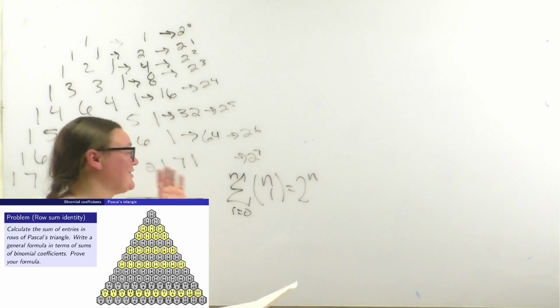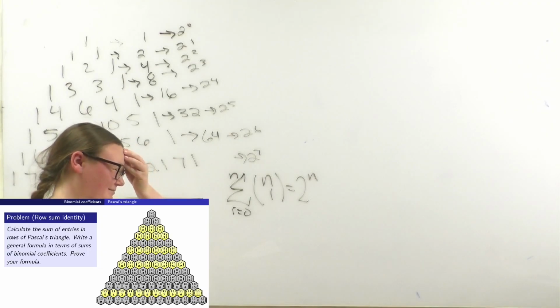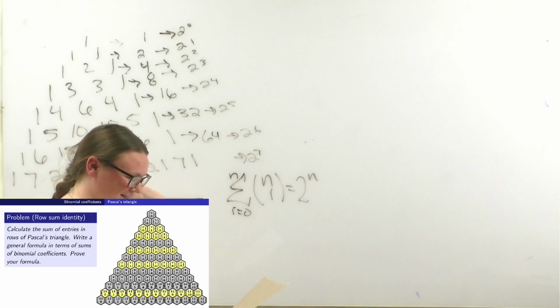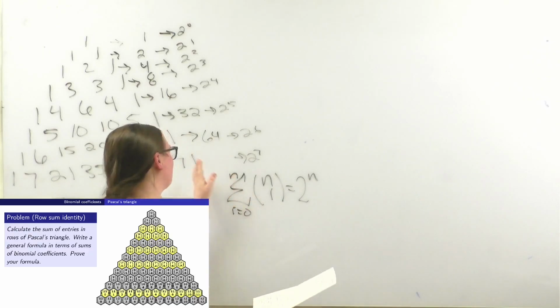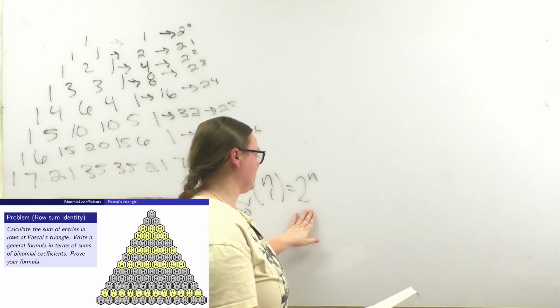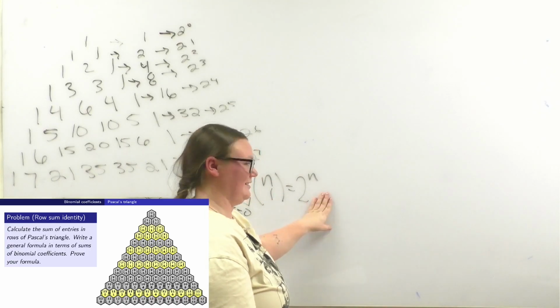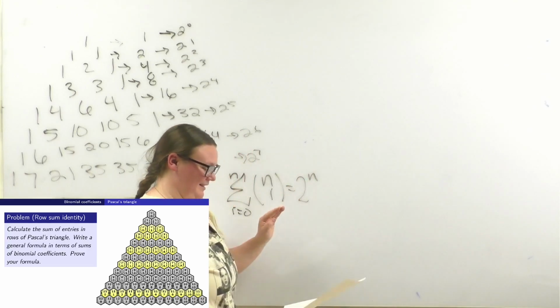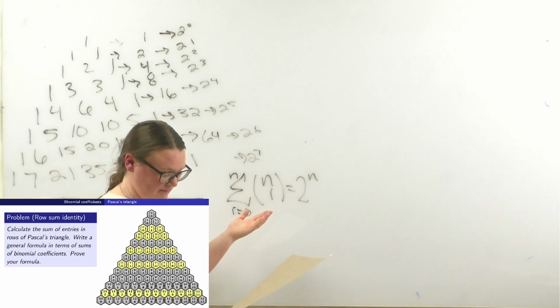Okay, but in English words, the binomial coefficients, which count the number of ways to choose i elements from the set n, sum to the number of ways to choose things in a set n, which is 2 to the n. Awesome. I think that's all for this one.